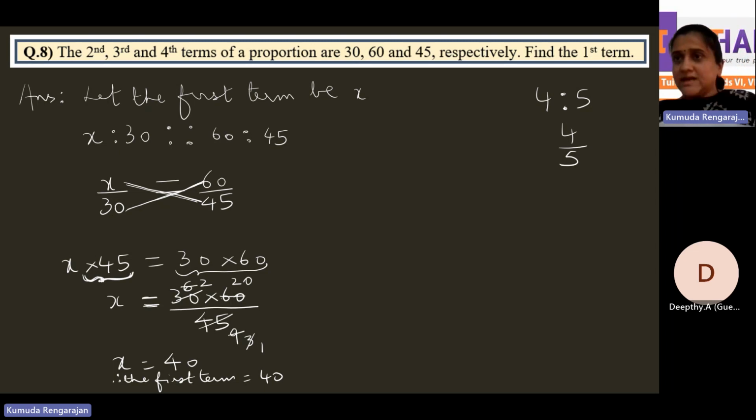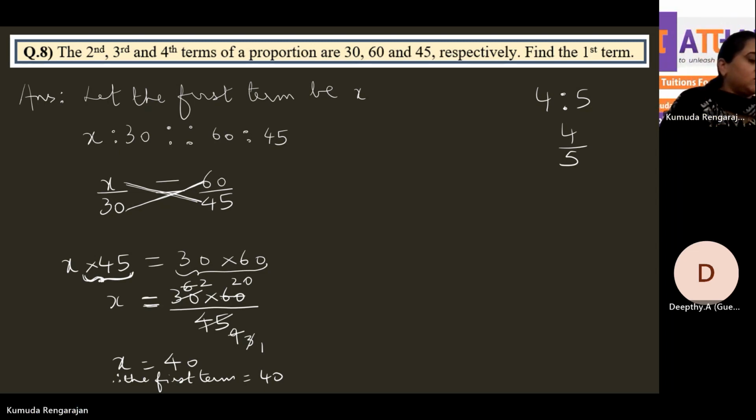We'll do these sums in the class now. I'll give it to you. Finish writing? All right. Done? Okay. Done, Deepthi?